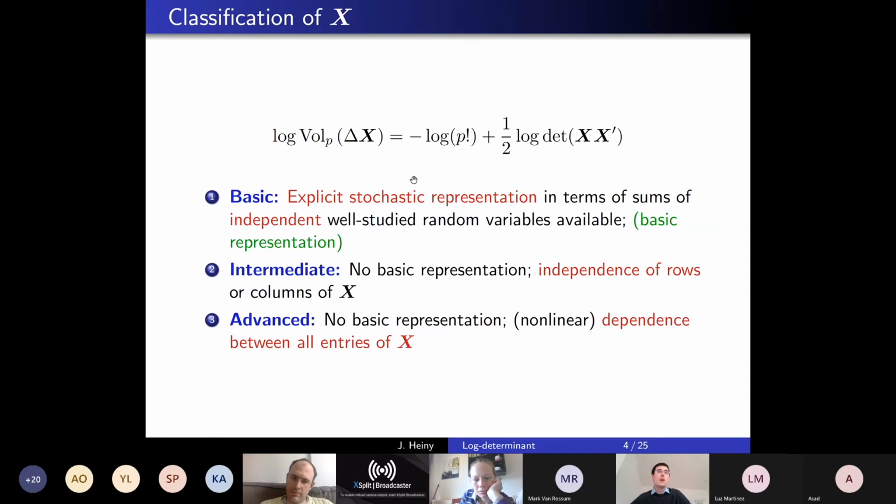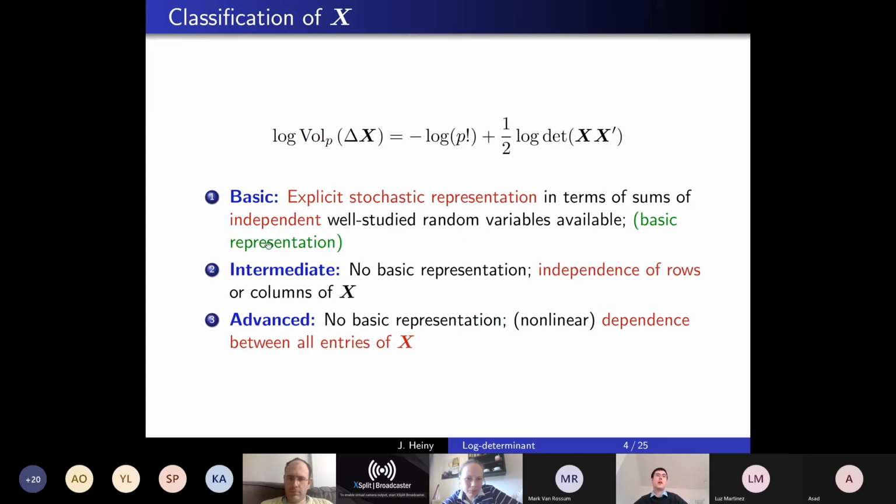Okay. So let me just recall, we have this identity for the log volume, and I will classify the structures for x as follows. I will consider 3 groups. A basic class where there exists an explicit stochastic representation in terms of sums of well-known random variables, for example, normal random variables or gamma random variables or beta random variables, so where you have no density, where you know moments and whatever you like.